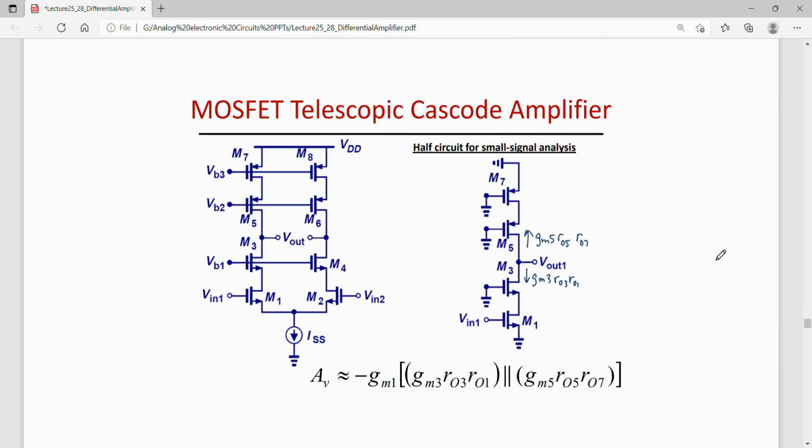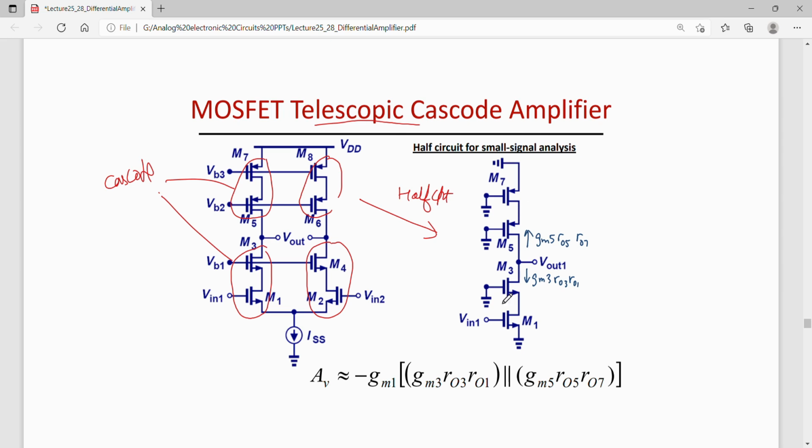Similar to the BJT based telescopic cascode, one can think of a MOSFET based telescopic cascode where you have an NMOS based cascode and also a PMOS based cascode. Okay. So both are cascodes of different types, NMOS and PMOS. Okay. So we will have to find out, that means again the half circuit.